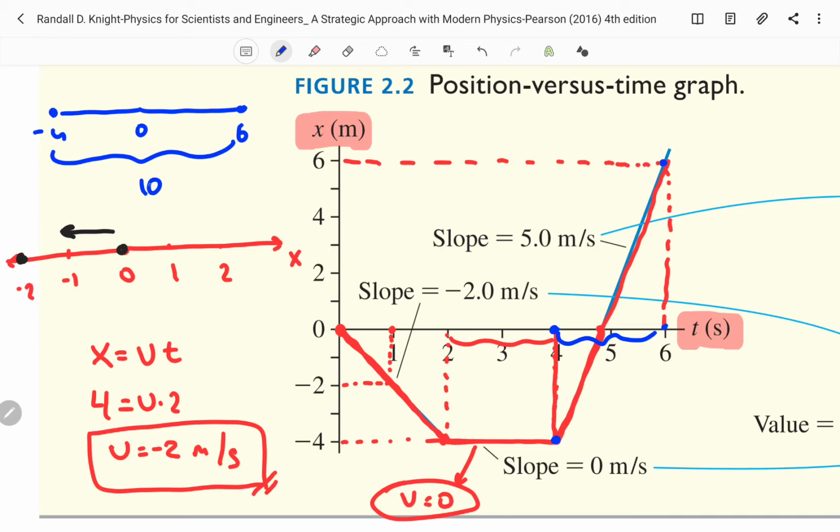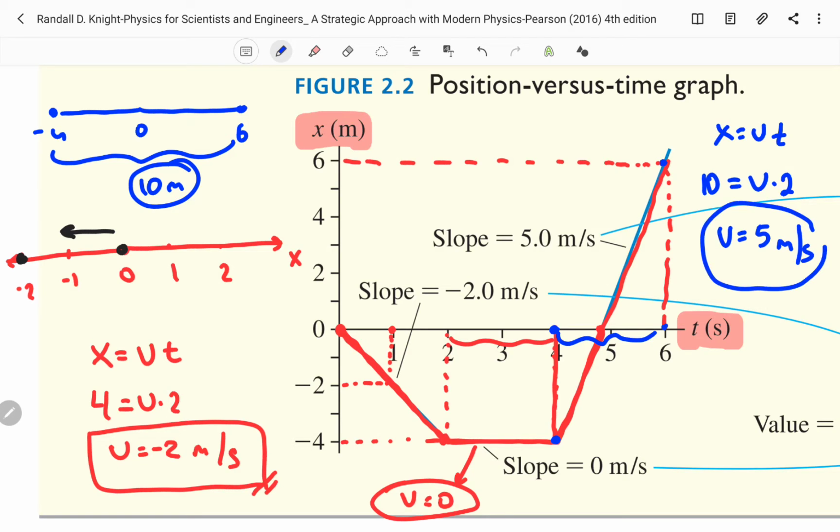The car moved 10 meters. From -4 to 0 we have 4 meters, and then from 0 to 6 we have 6 meters. So a total of 10 meters. Again, we use our simple equation, x equal to vt. This x is the distance. It moved 10 meters in 2 seconds. So velocity becomes 5. Of course, this is a positive number because of direction.